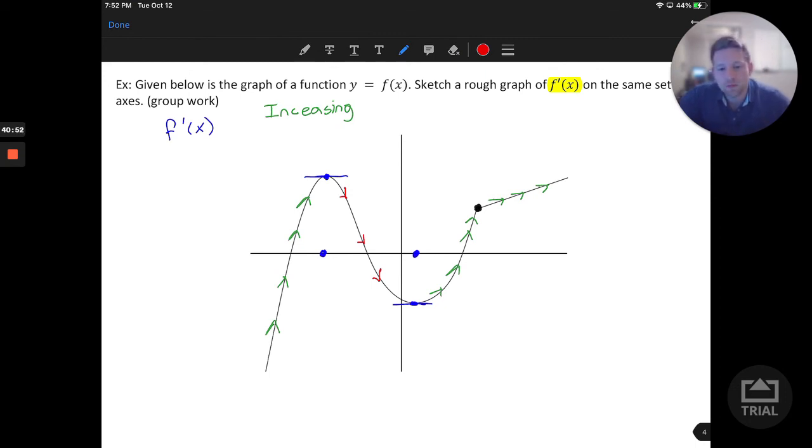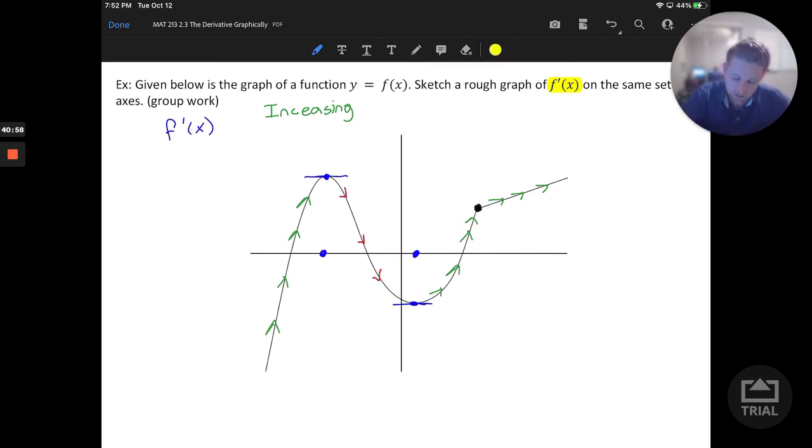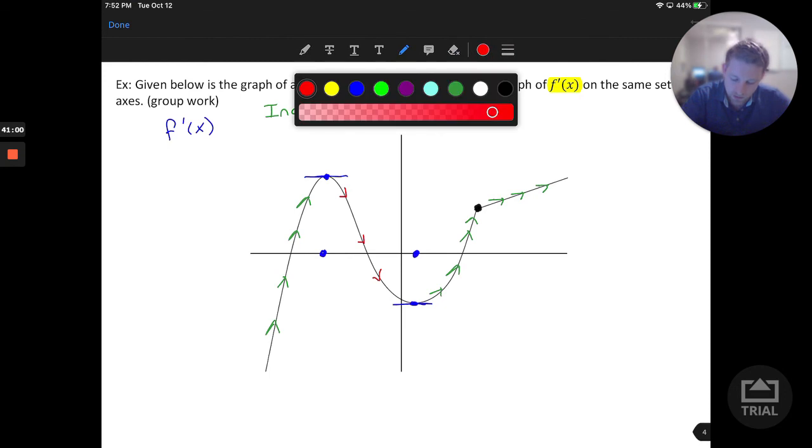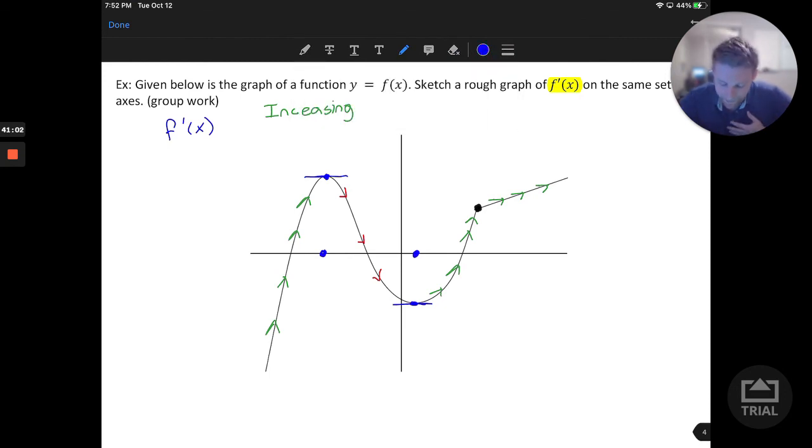So let's see if we can start to put it together, and then we'll address that sharp point at the very end. So if I go to graph this in blue now, up until this point, I'm going to be increasing over that first interval. So that means that my graph will be positive as well. I'm going to be coming from the top of my graph.